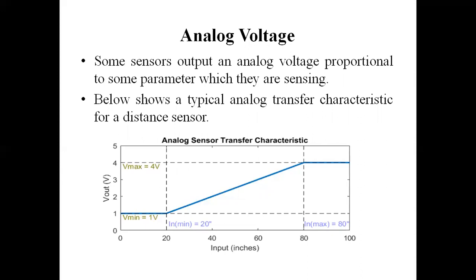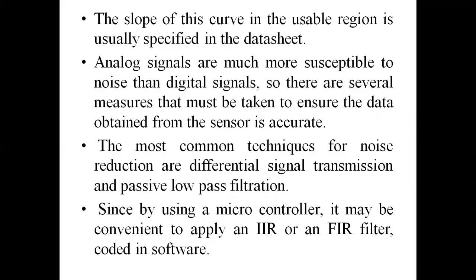The diagram shows typical analog transfer characteristics for a distance sensor. What about the slope of the curve? Actually, the slope of the curve in the usable region is usually specified in the data sheet. Okay. Whereas the analog signals are much more susceptible to noise than digital signals. So there are several measures that must be taken to ensure the data.